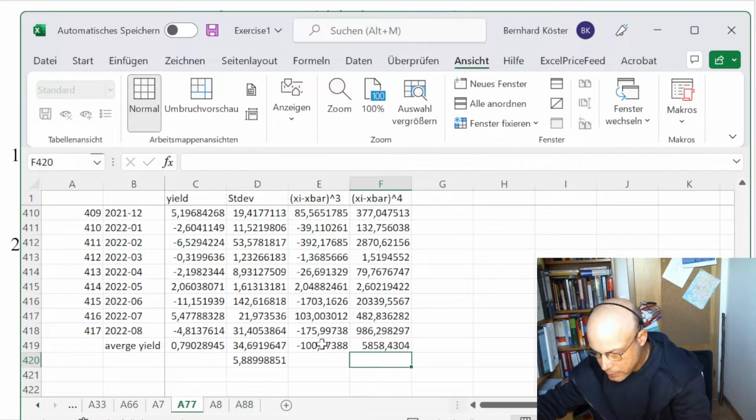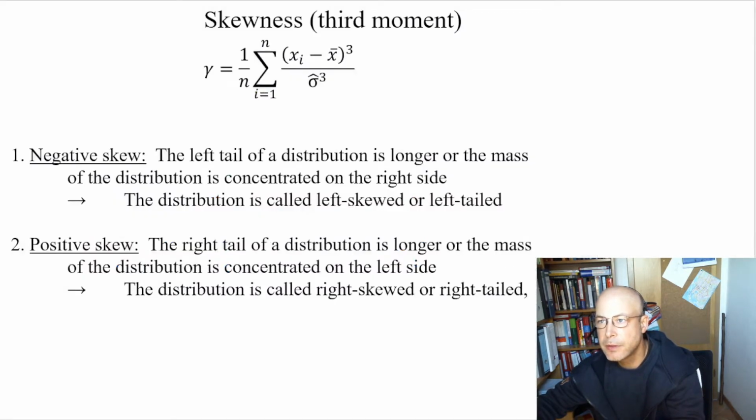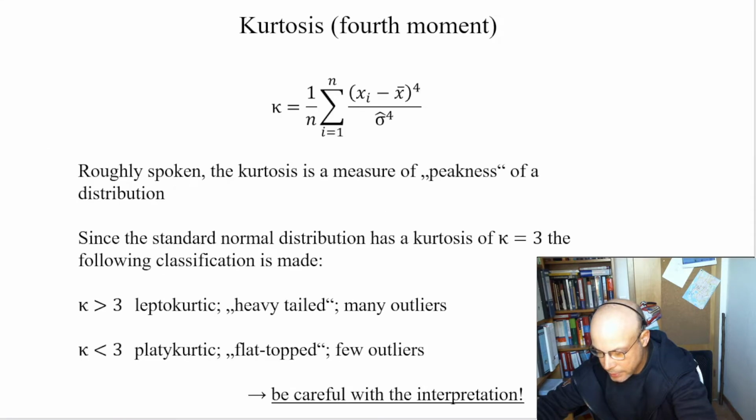So, these two numbers we have to divide, for the skewness, by the standard deviation to the power of 3 and for kurtosis by the standard deviation to the power of 4.